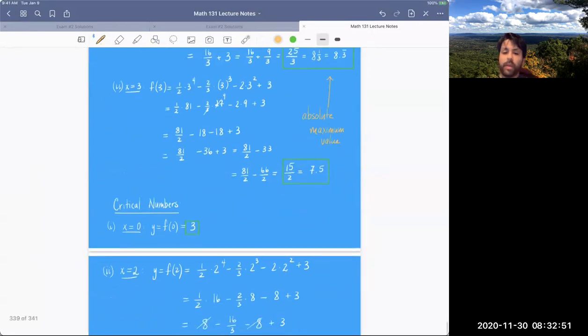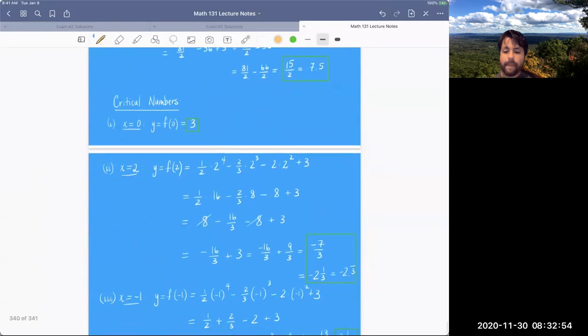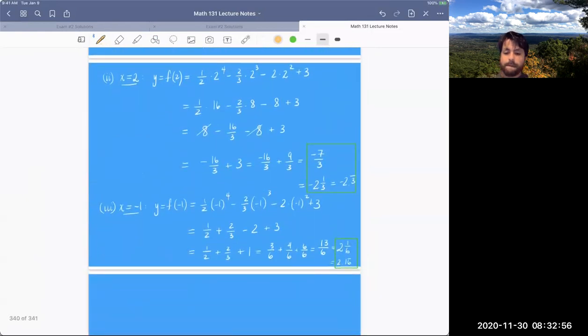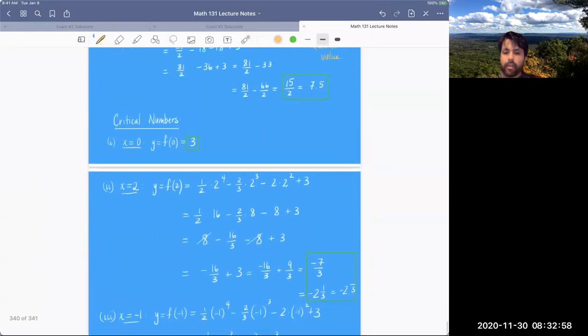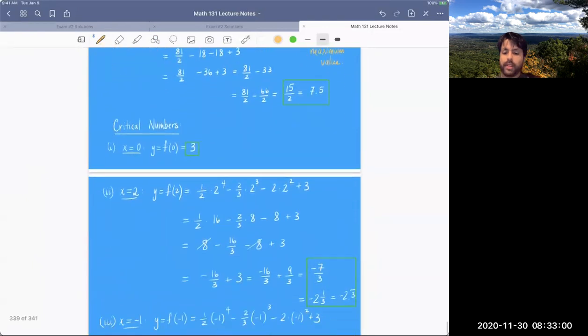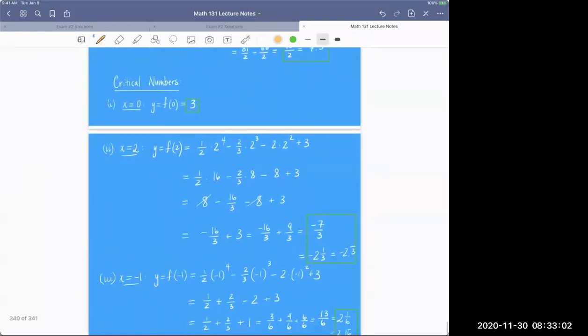And then what's my absolute min? Out of all the y values, the smallest one is negative 2.3 repeating. Yep, this is my absolute minimum. Okay?